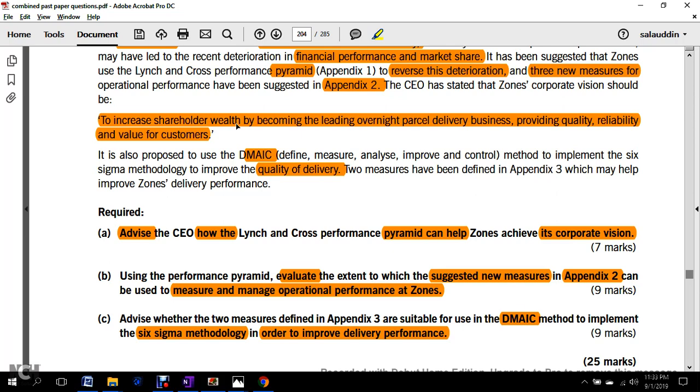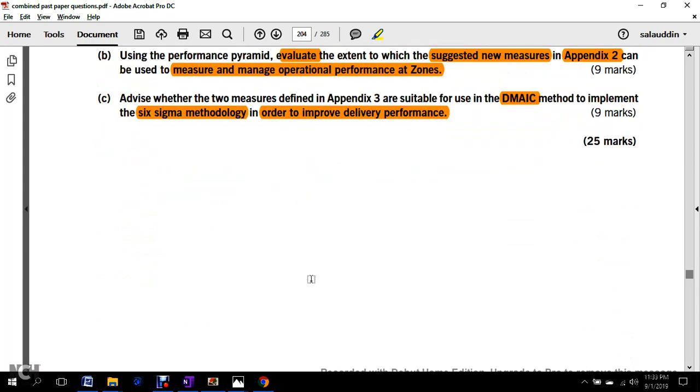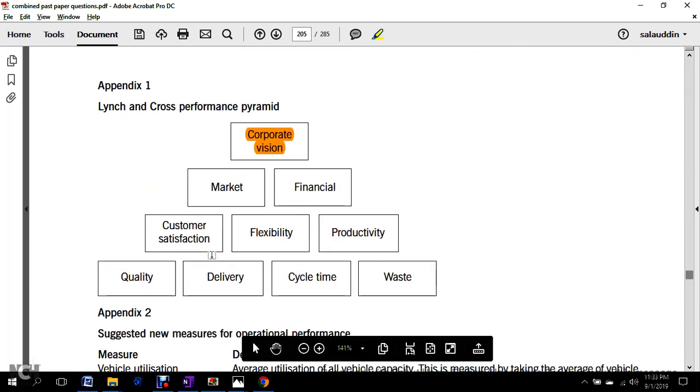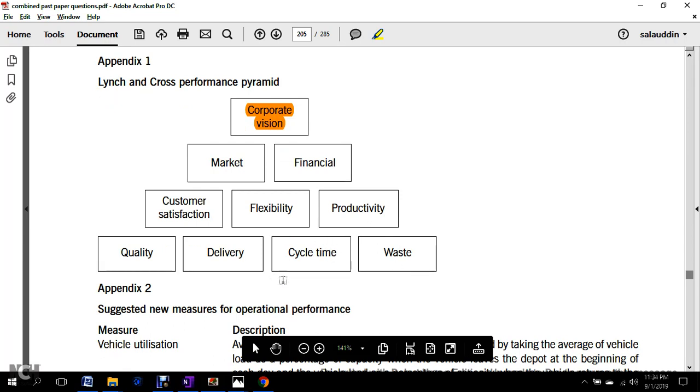The pyramid ensures both internal and external aspects. Another thing we can say is that the pyramid ensures both internal and external aspects. On the left side, it talks about the external factors, and on the right side, it talks about external effectiveness and internal efficiencies.